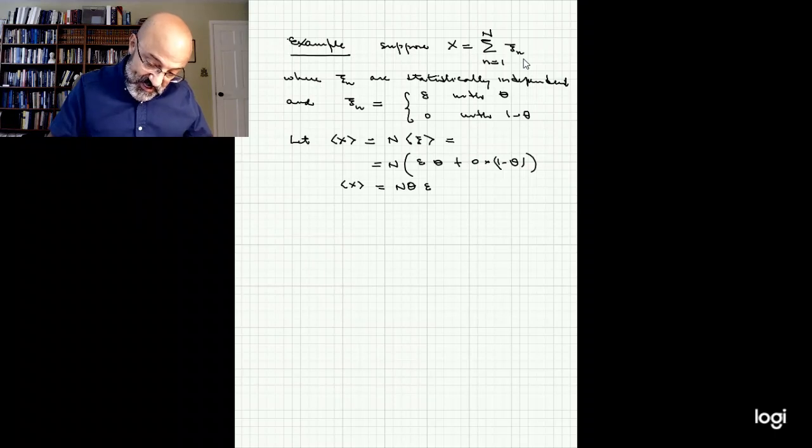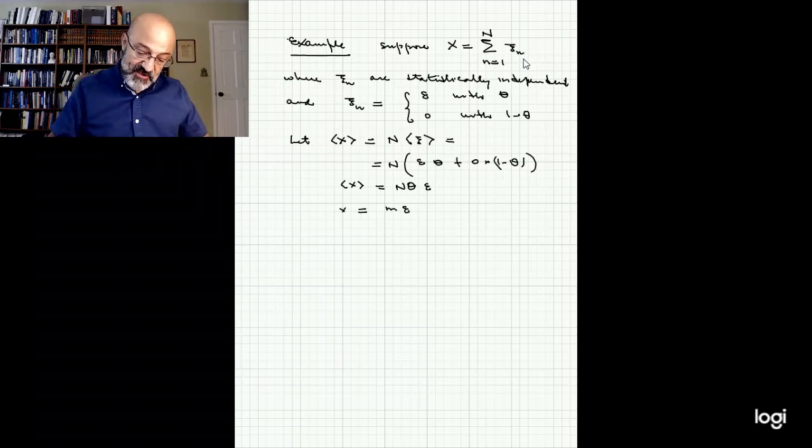The x itself is going to be a certain number m of epsilons. And so when we ask, what is the probability? So this is the question we want to ask.